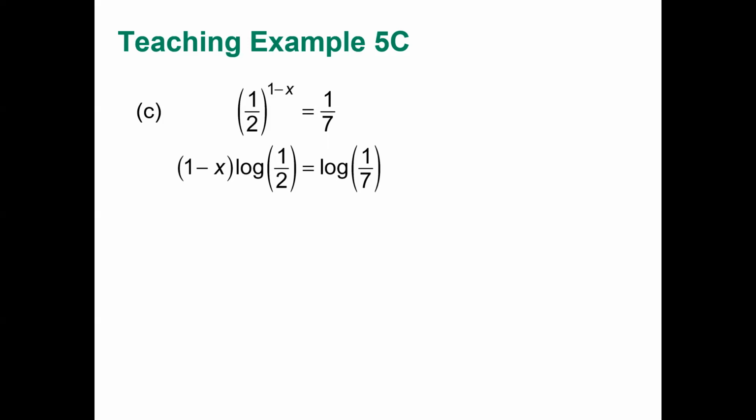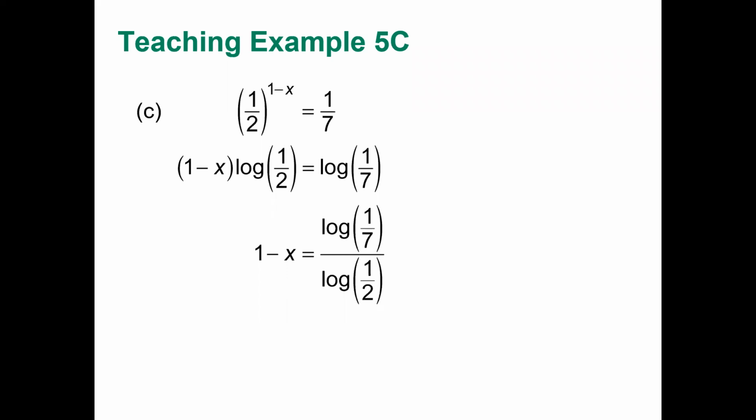Okay, I need to work on getting x by itself. So the first thing I need to do is divide by my log, so I divide both sides by log 1/2. And x is not quite by itself. So I need to get x by itself, which means I'm going to subtract 1 and multiply by -1.